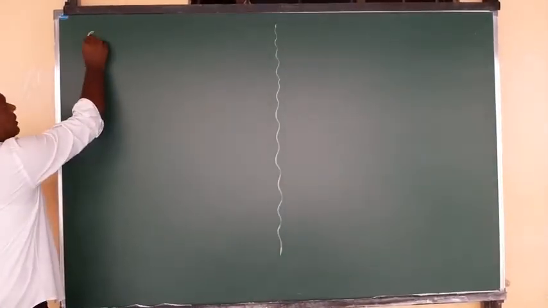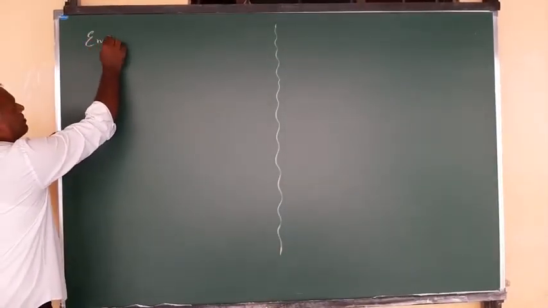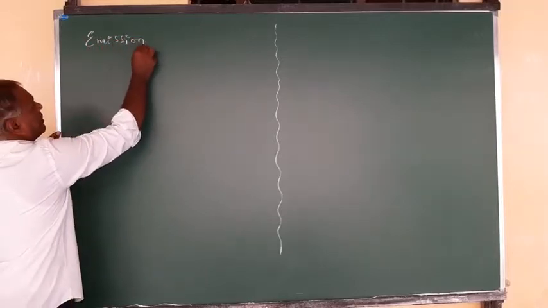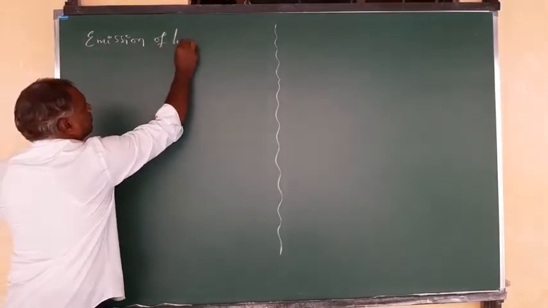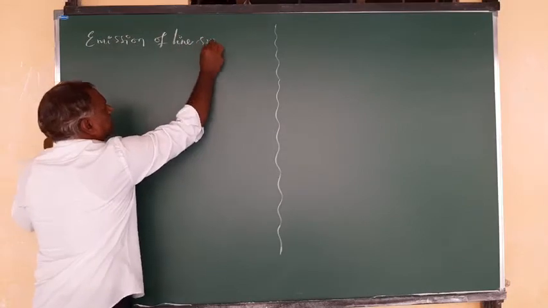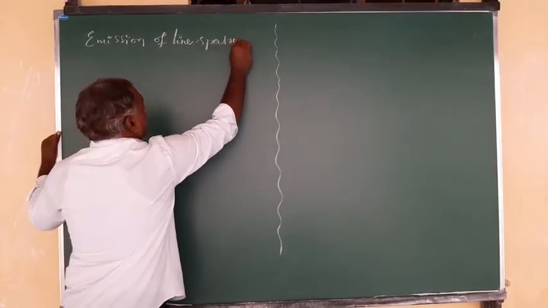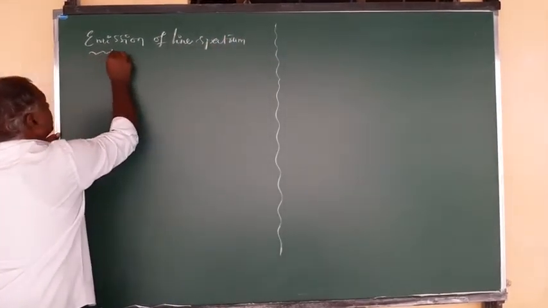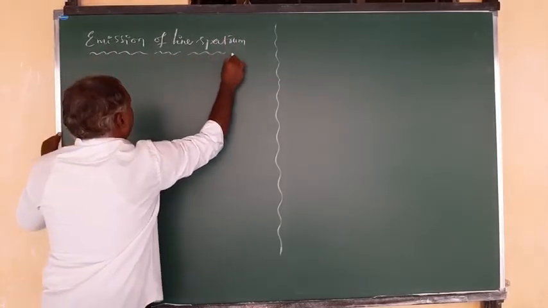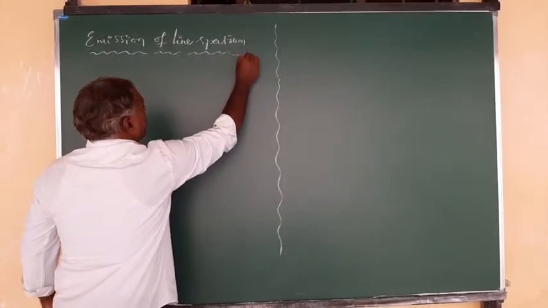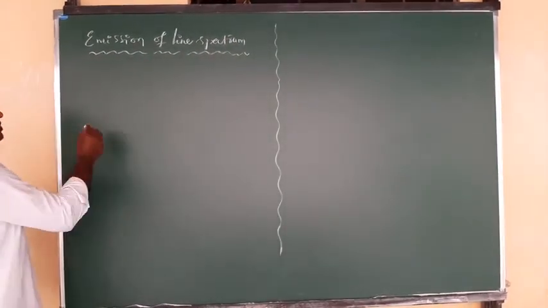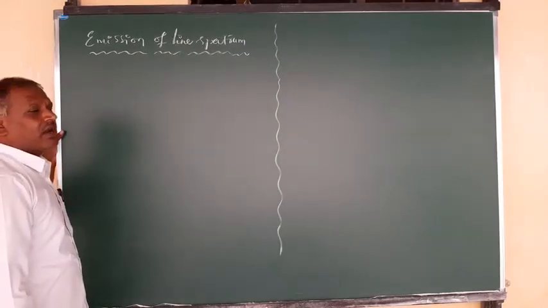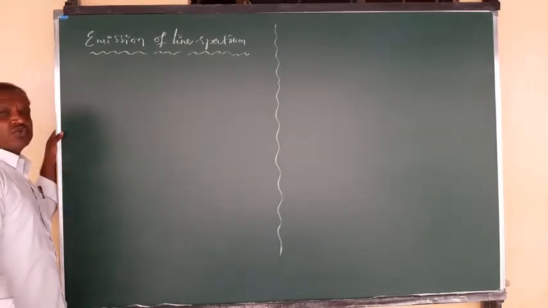So now you can write here: emission of line spectrum, or emission of radiation, whatever you want to call it, line spectrum. Let us say an electron is moving from higher energy to lower energy.